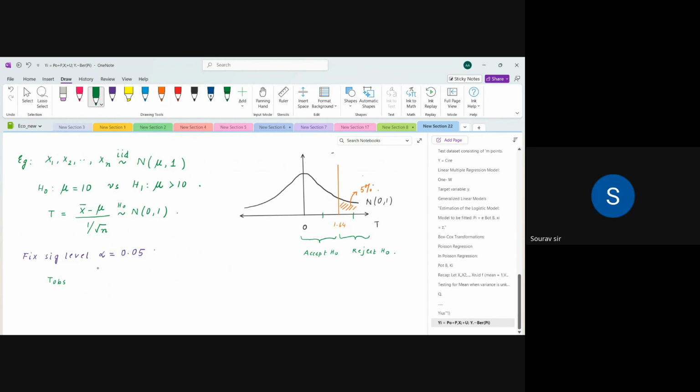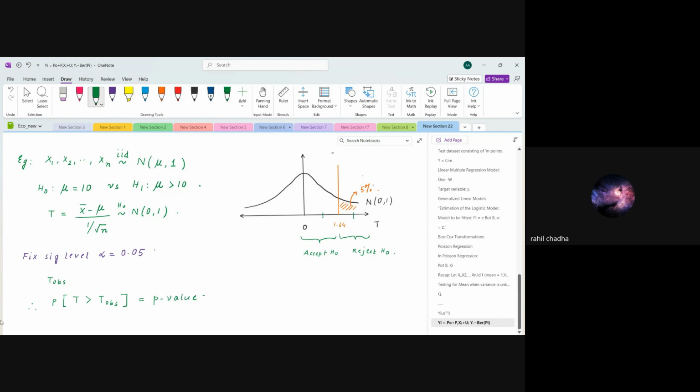That is the idea. Now, if you have to visualize this in terms of p-value, p-value ka definition in this case will be the probability that the test statistic will take a value more extreme than what it is actually observing. This is your p-value.